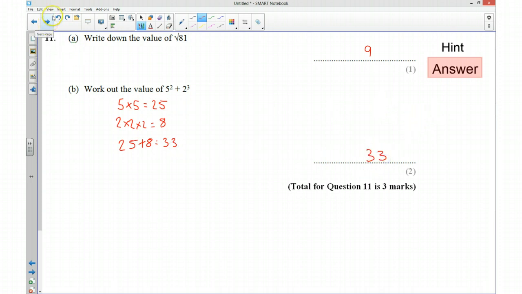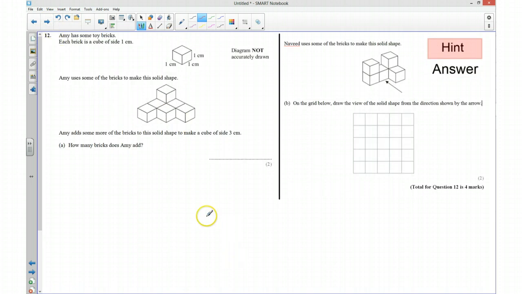Okay, question 12. Amy has some toy bricks. Each brick is a cube of side 1 centimetre. Amy uses some of the bricks to make this solid shape here. Amy adds some more of the bricks to this solid shape to make a cube of side 3 centimetres. We want to know how many bricks Amy adds to this here.